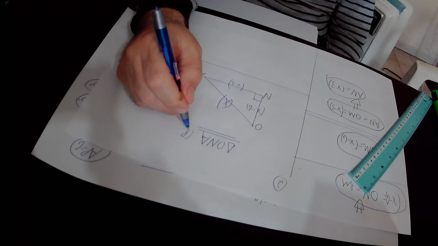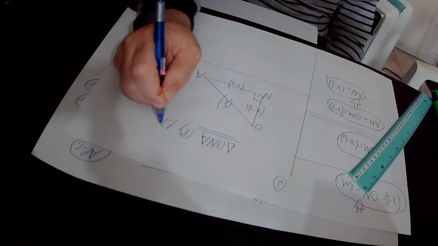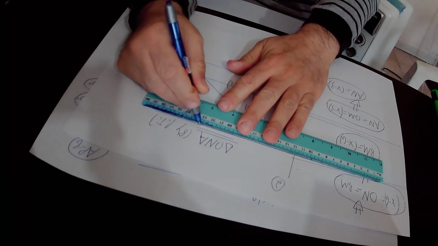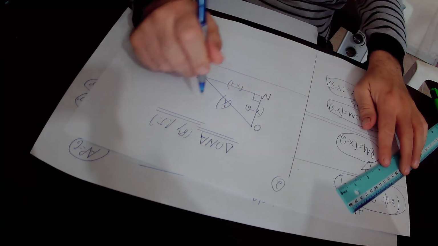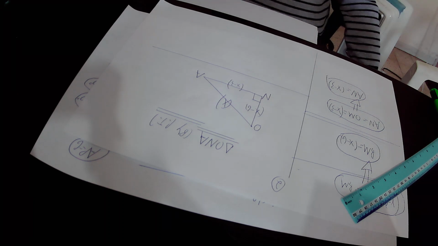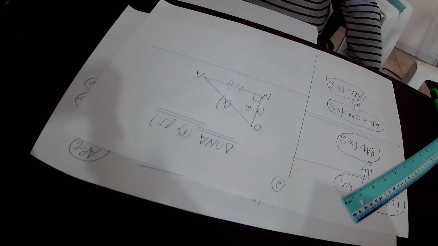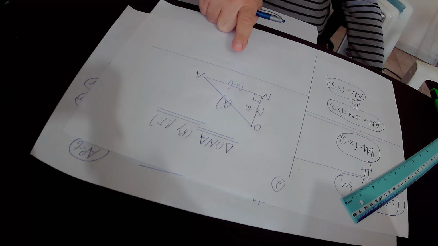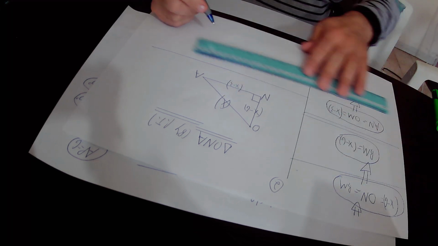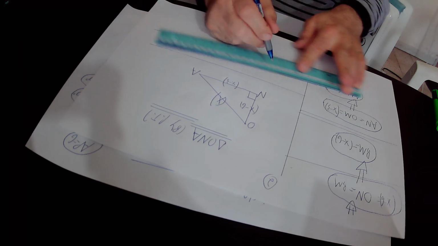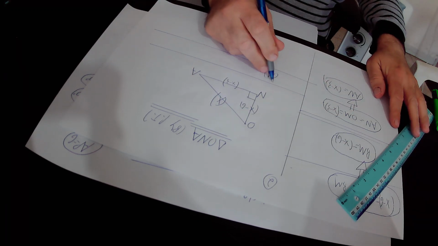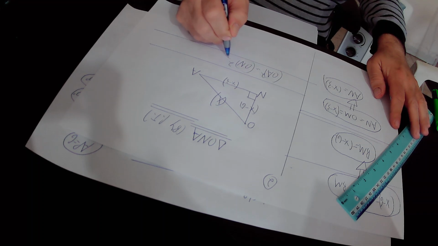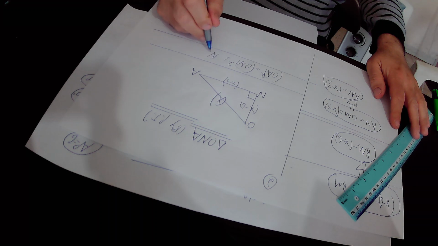Here is the formulation for the Pythagoras theorem. According to the Pythagoras theorem, in any right triangle, the square of the hypotenuse equals the sum of the squares of the perpendiculars. So in the right triangle OAN, the hypotenuse is OA, therefore the square of the hypotenuse is OA squared, and it must be equal to ON squared plus NA squared.